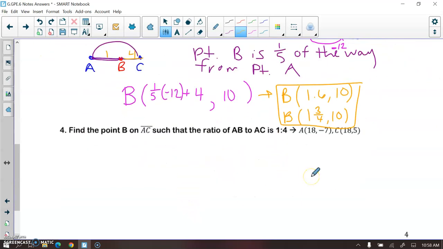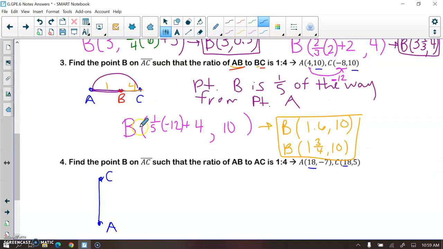Okay, and number 4, this time both my x values are the same, so this is going to look like a vertical line. So A to C. And sorry, this one should have been drawn a little bit differently because C goes on this side and A goes on this side according to the graph.